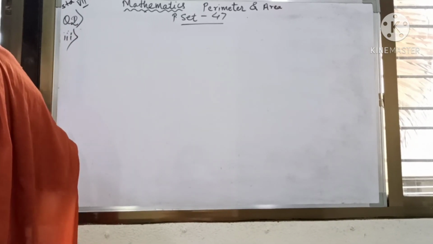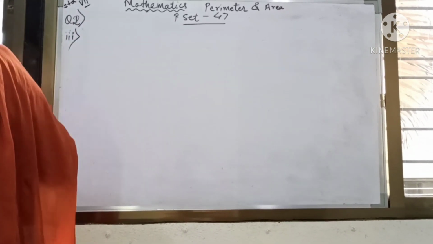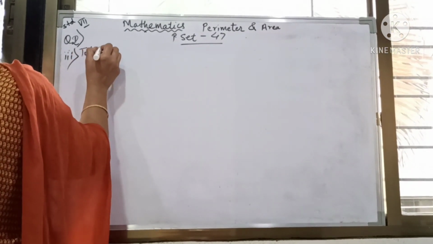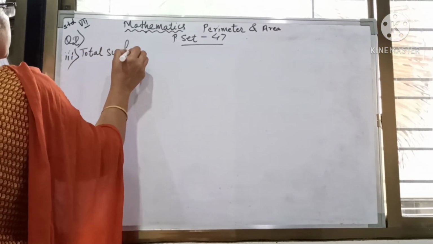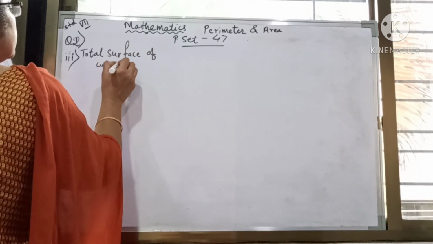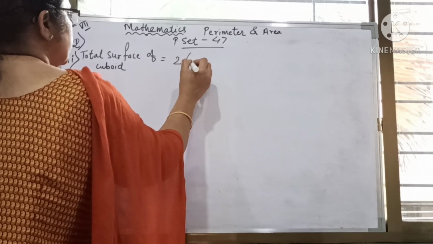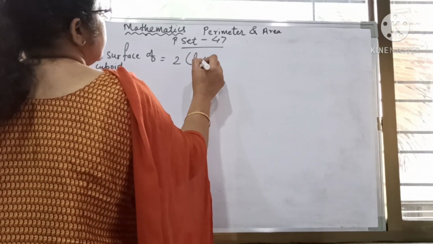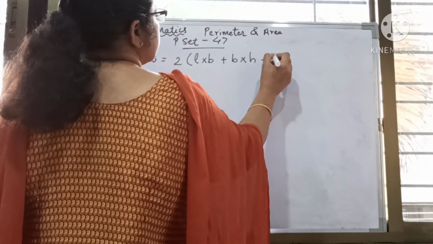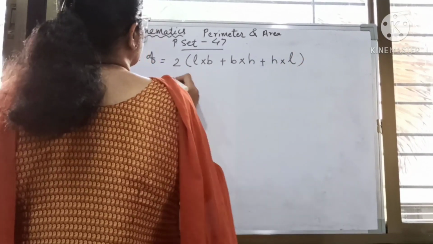First we will write the formula: total surface area of cuboid is equal to 2 into bracket length into breadth plus breadth into height plus height into length.